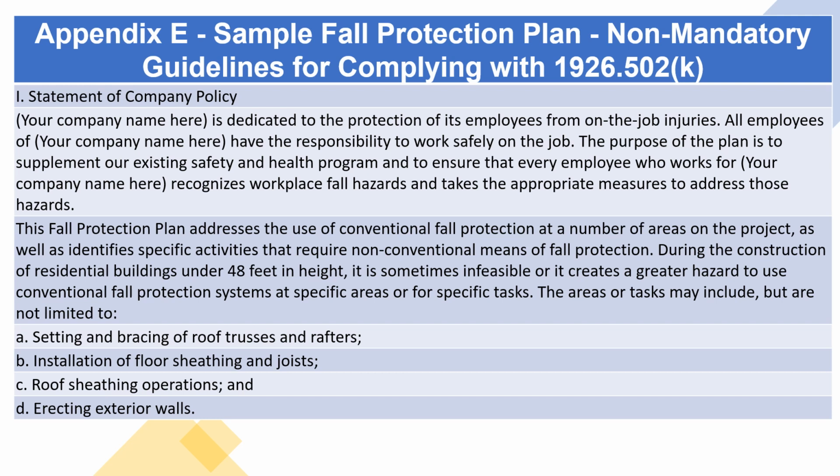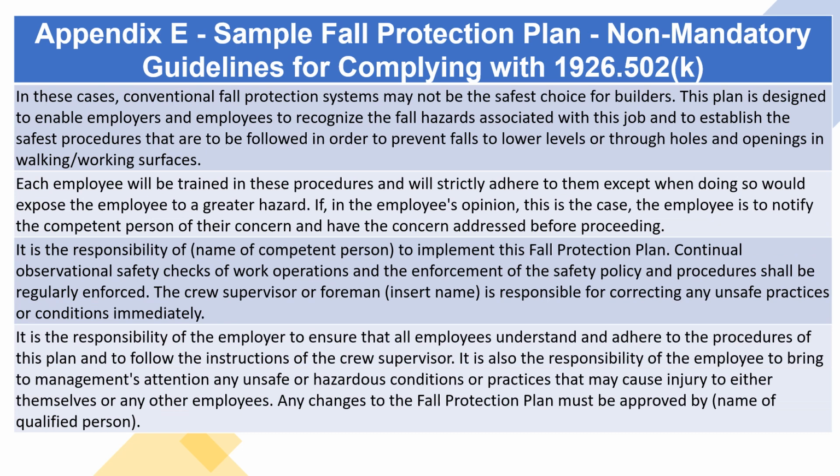The areas or tasks may include, but are not limited to: A. Setting and bracing of roof trusses and rafters. B. Installation of floor sheathing and joists. C. Roof sheathing operations. And D. Erecting exterior walls. In these cases, conventional fall protection systems may not be the safest choice for builders.